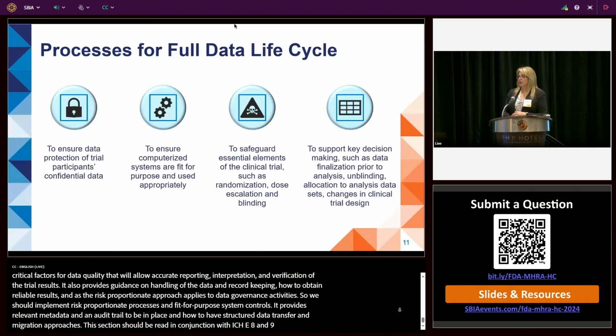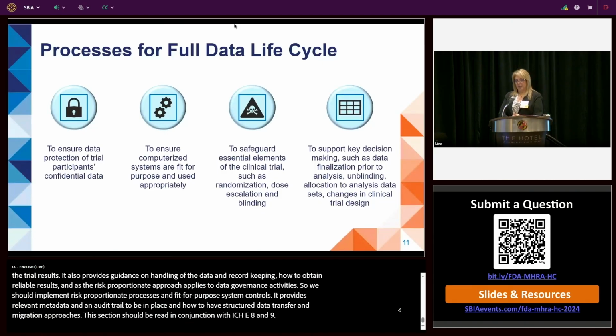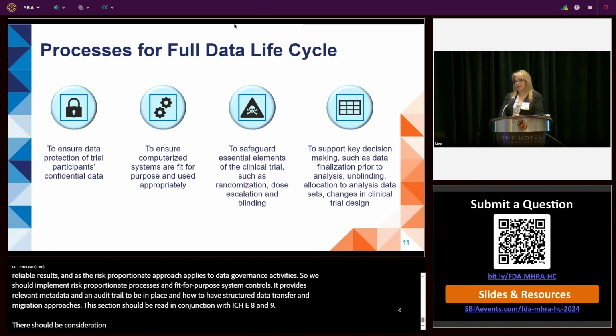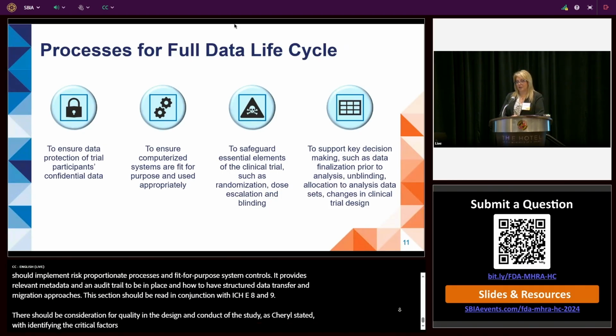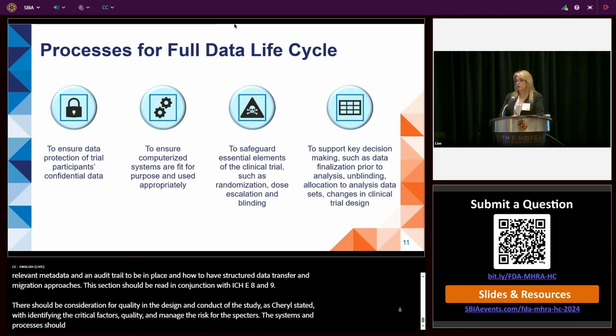There should be consideration for quality in the design and conduct of the study, as Shila stated, with identifying the critical factors to the quality and manage the risk for those factors. The systems and processes should be designed and implemented in a way that's proportionate to the risk to participants and reliability of the study data.